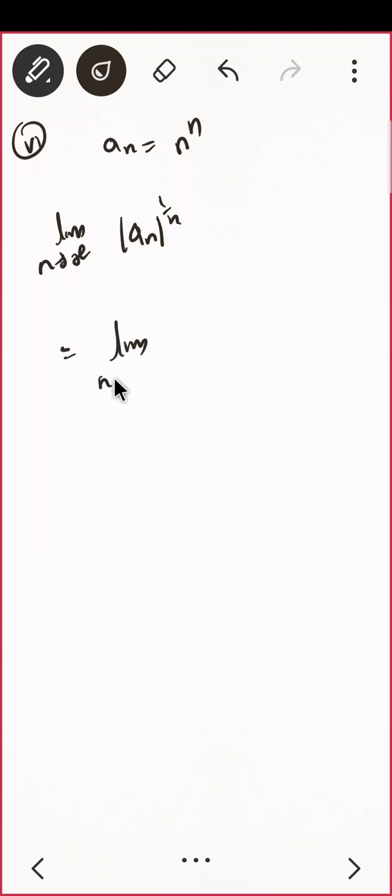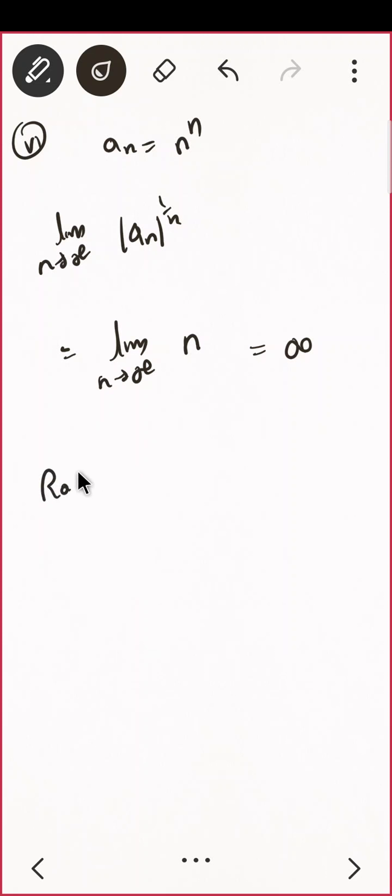Sixth is a_n equal to n raised to n. Better to use what? Ratio test or root test. a_n raised to 1 by n. So limit n tending to infinity of a_n raised to 1 by n will be just n, so that goes to infinity. So what is 1 upon infinity?